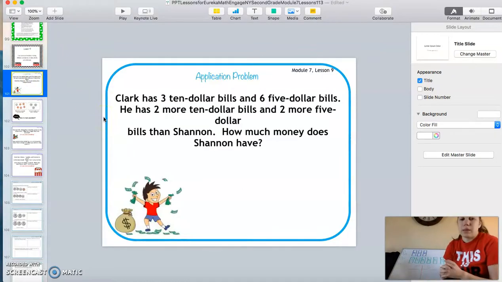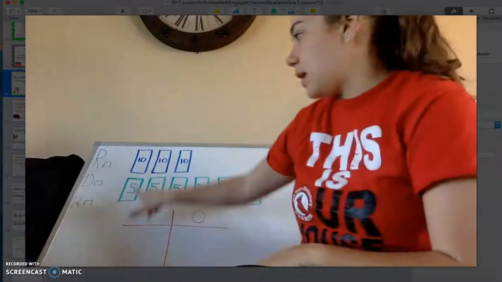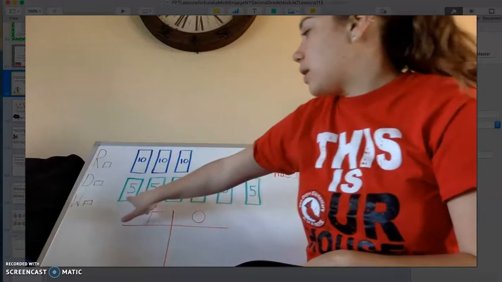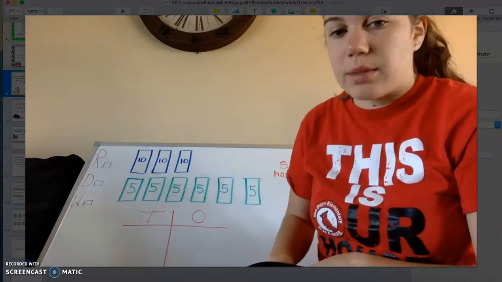Our application problem says, Clark has 3 $10 bills and 6 $5 bills. He has 2 more $10 bills and 2 more $5 bills than Shannon. How much money does Shannon have? On my board behind me, I drew the 3 $10 bills and the 6 $5 bills.